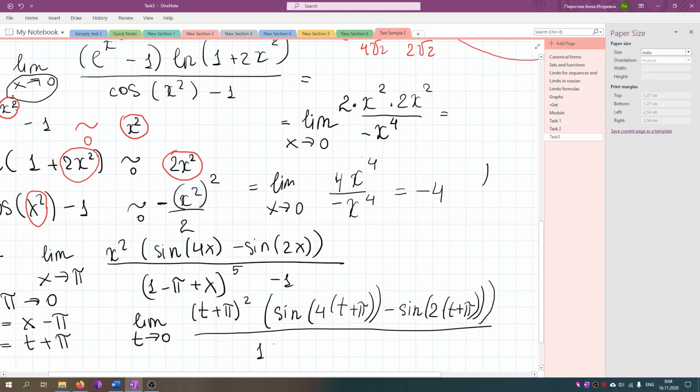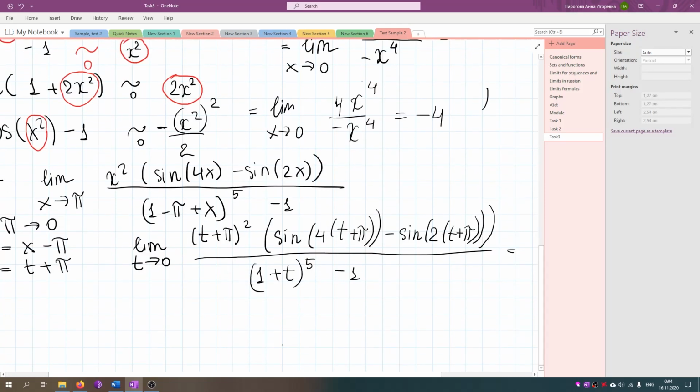So here we will only have t left, and yes, this will be our new limit.